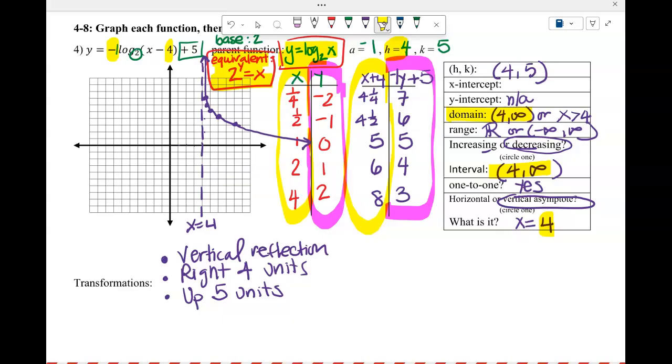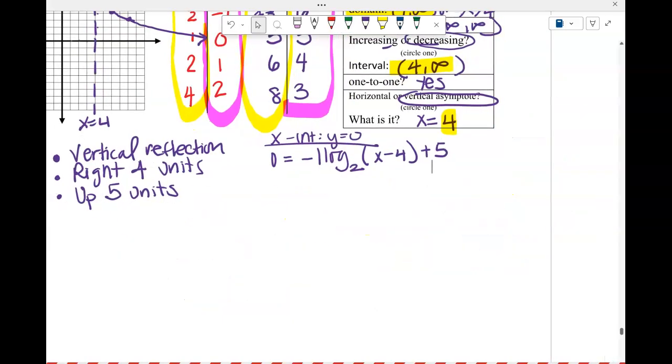So the one thing that we cannot eyeball is your x-intercept. So x-intercept is when y equals 0. Okay, so let's go and solve that. X-int, y equals 0. 0 equals -1 times log base 2 of x minus 4. And guys, we already studied how to solve log, so this is where we're going to use it, okay?